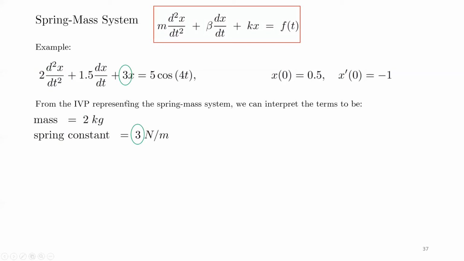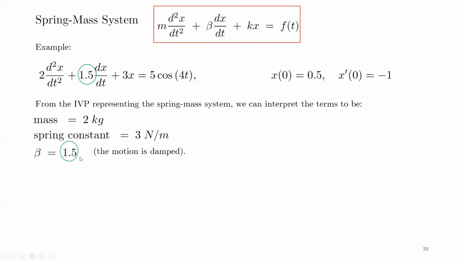The spring constant itself is 3 newtons per meter. I don't expect you to know the physics units for some of the more complicated things. I expect you to know the units for mass, and maybe things like time. But it's always good if you can to include the units. So the spring constant is 3 newtons per meter, so the 3 is the number that's multiplying the linear term x here.